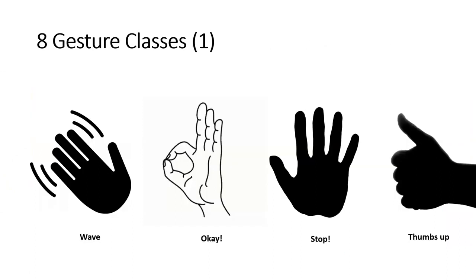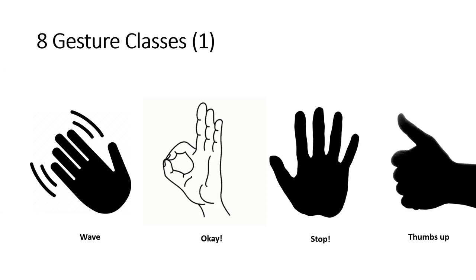In terms of the gestures, I gave this a lot of thought, and I ended up with 8 gestures, or 8 classes. They were basically a combination of a couple of interests that I had. One of them was regular motion, like waving, the OK sign, the stop sign, and the thumbs up. These are dynamic gestures.